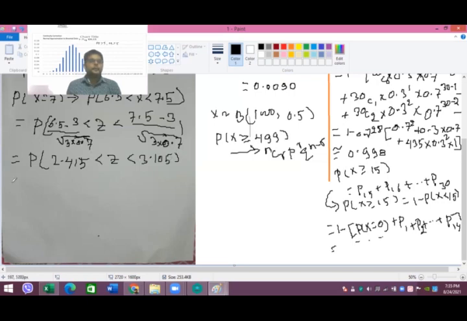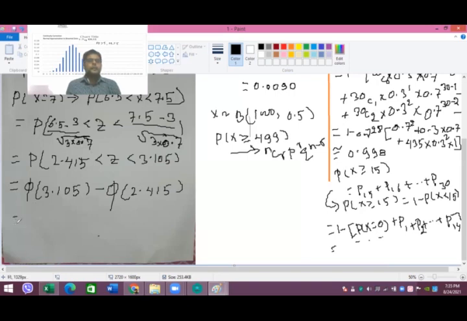And then if you would like to write in terms of phi, then you can write here phi of 3.105 minus phi of 2.415, and you should have knowledge of expressing the probability in the rest of the part of the normal distribution that we have already done.